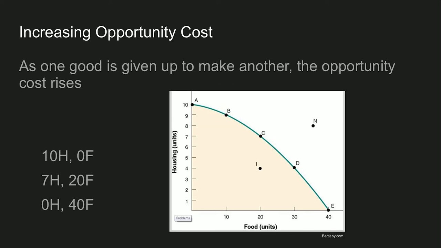So basically, given the same production of food, at point C we are making more houses than at point I. Likewise, at point D, we have 30 units of food and 4 units of housing, which is the same amount of housing that we have at point I. However, we are making 10 more units of food. So as you can see, this is economic inefficiency because we could be producing on the PPC, but we are producing inside as we are not using our resources to their fullest potential.